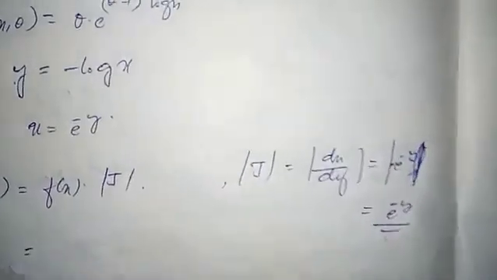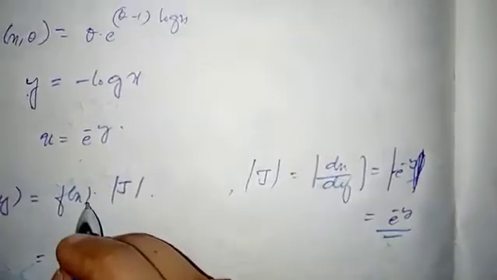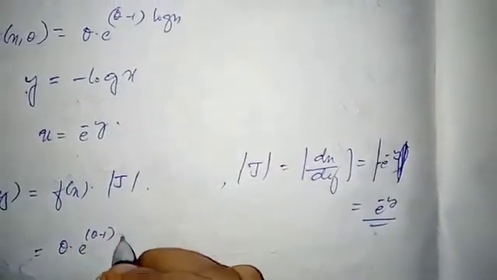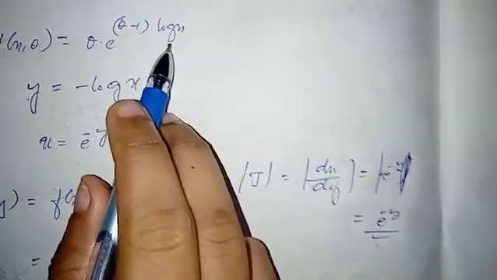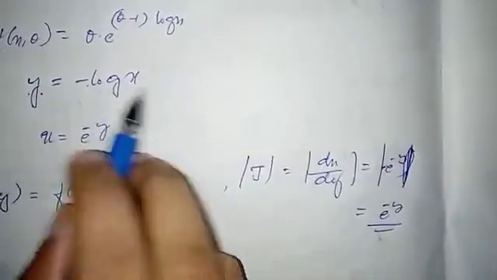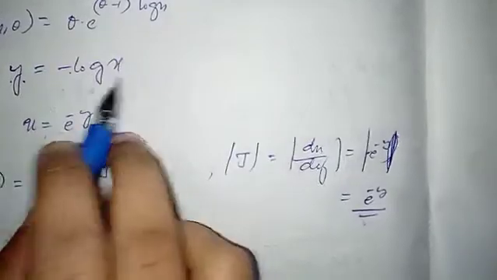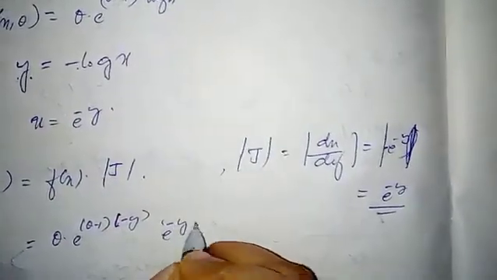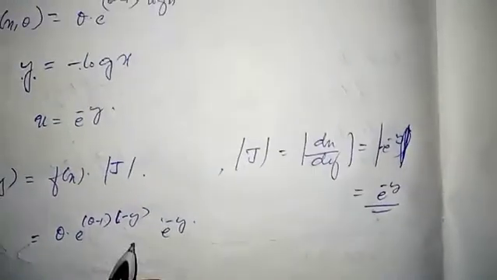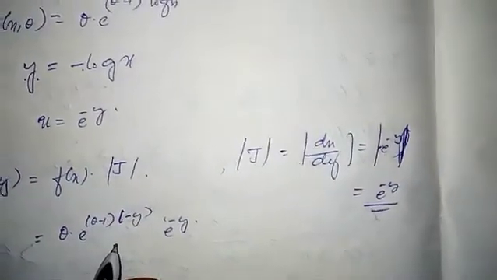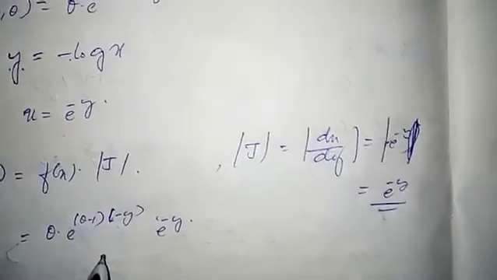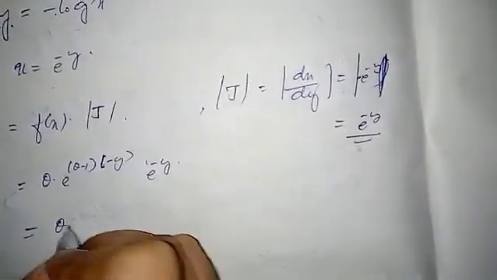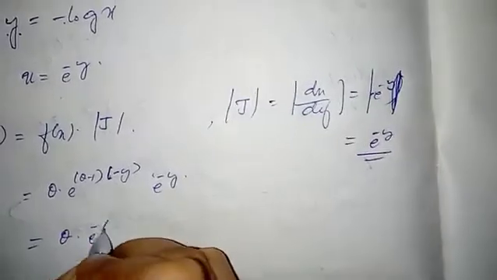And here we substitute the value, that is f of x equals theta into e power (theta minus 1) into log x. But here minus log x equals y, so log x is minus y. Then the Jacobian is e power minus y. Then simplify this down, and you can write this as theta into e power minus theta y.